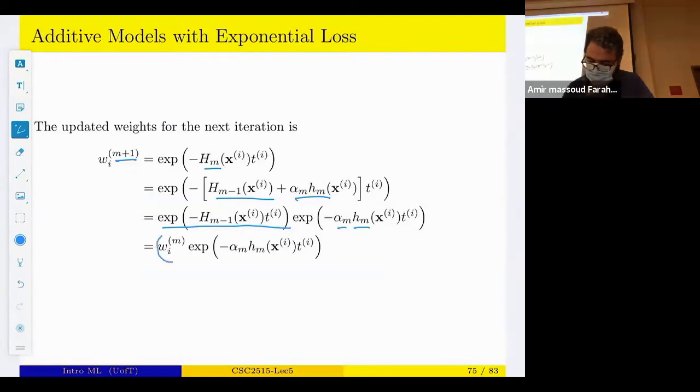This first part we already know; we computed it in the previous iteration. That was Wi of M. The second part is just the new part. So this is basically telling us what the new weight would be after adding the current hypothesis to our additive model.